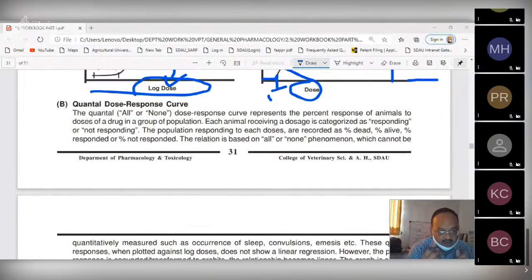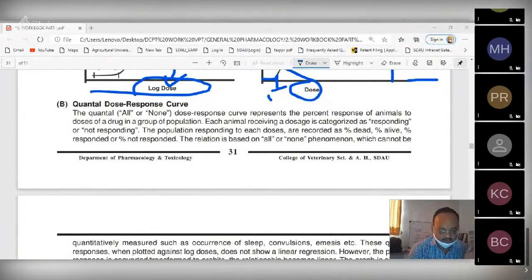For example, occurrence of sleep, convulsions, emesis. These are phenomena where you cannot grade or measure the intensity of the emesis, the sleep, or the convulsion. It's very difficult to measure. So for drugs which produce such kinds of therapeutic effect, this dose response curve is very useful for evaluation.